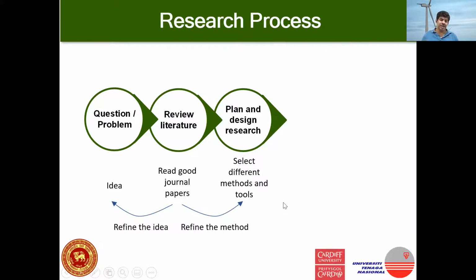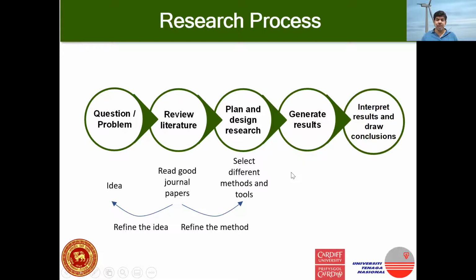Some of the things we have been doing in the past using analytical and modeling techniques are today being replaced by AI techniques. So you can optimize the processes, you can expedite the processes, and all that comes under the plan and design stage. Then you generate results, and finally you interpret results and draw conclusions.